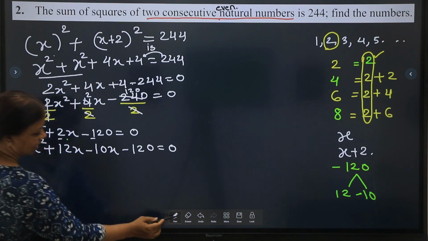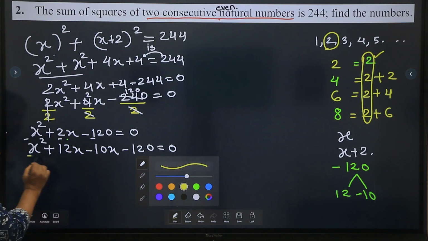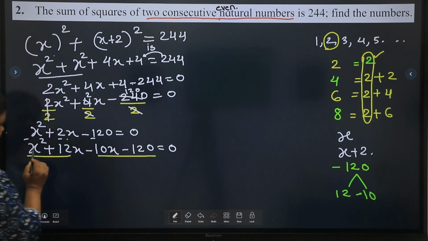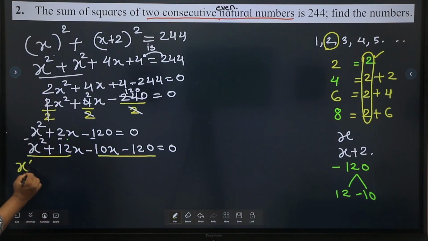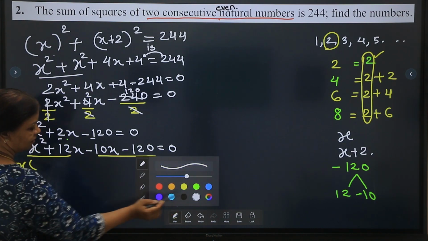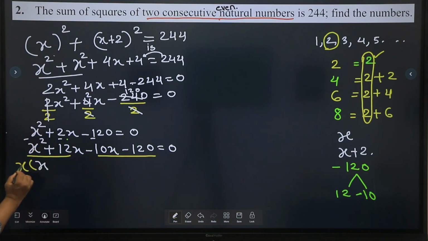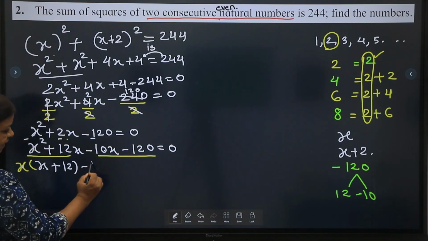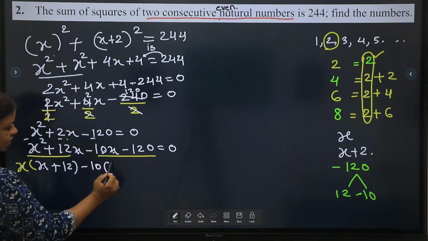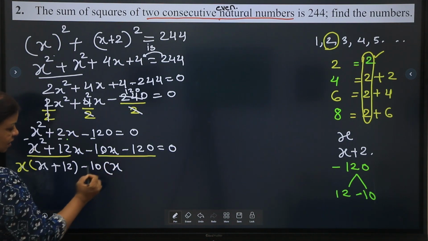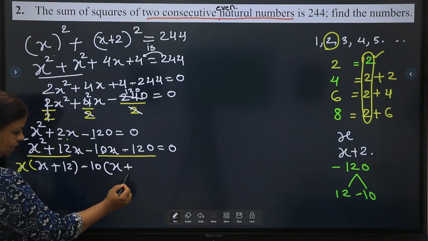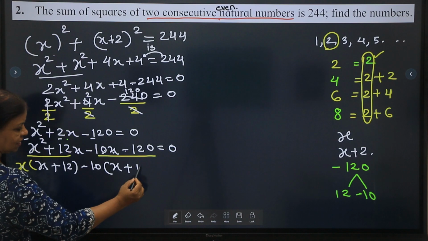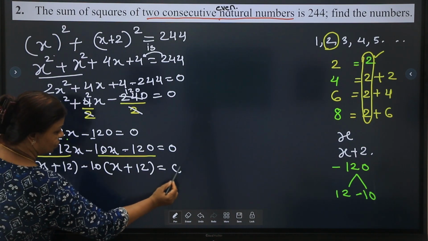Now out of this I will have to select the common factor. In x square plus 12x, x is out, so inside is x plus 12. In minus 10x minus 120, minus 10 is out, leaving x plus 12.